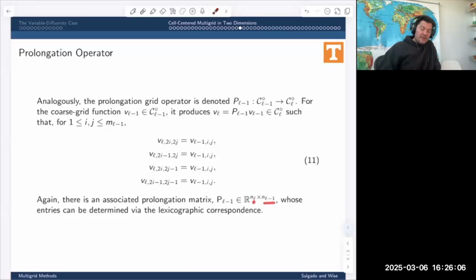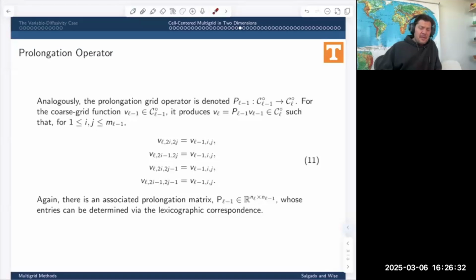Remember, NL should be twice what NL minus 1 is. So the prolongation matrix looks like this, tall and skinny, and the restriction matrix is vertically challenged. All right, that fully defines what's going on with prolongation and restriction.